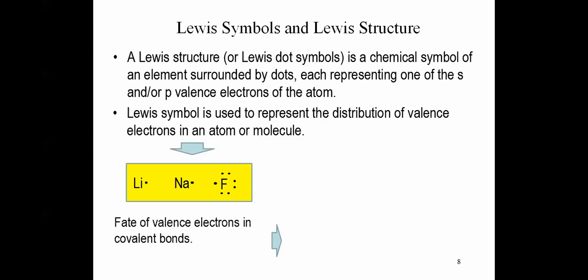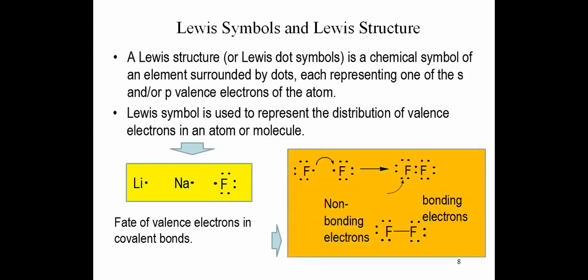So the Lewis structure here is only showing us the valence electrons. Here we have a molecule where we have two atoms. Again, here we are only going to show the valence electrons. But since there is bonding that has taken place, we are going to see this continuous line, which is representing the shared electrons.